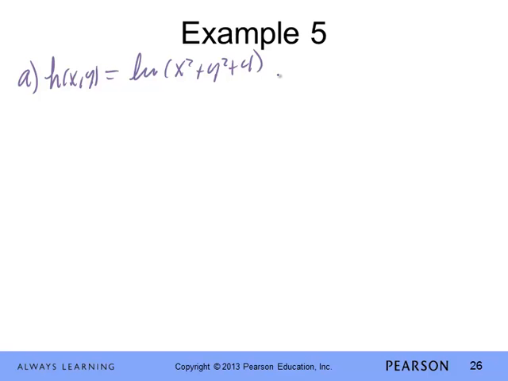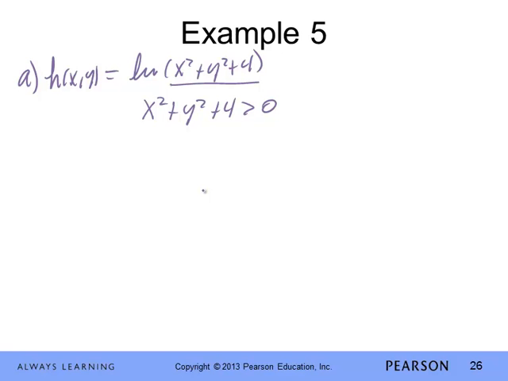So take a look at the inside function, this 2 variable function. So the whole composite function is going to be good as long as the interior function, the x squared plus y squared plus 4, is greater than 0. Now we know the log function is not defined at 0 or any negative number, so only for positive inputs, right?